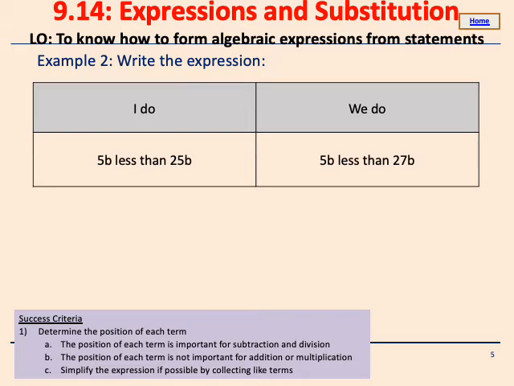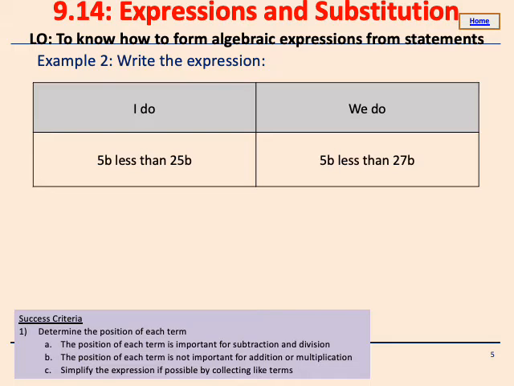So again, it's looking at language and how they can try and almost trip you up, but they're trying to test your understanding of language and how these expressions can be formed from different sentences. So again, this one we have 5b less than 25b.